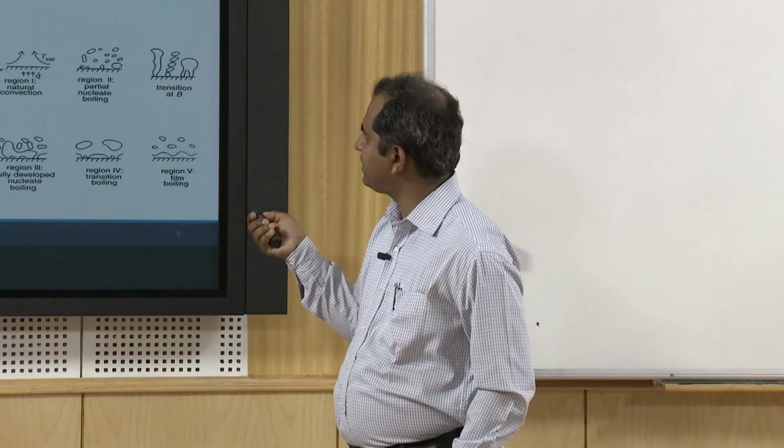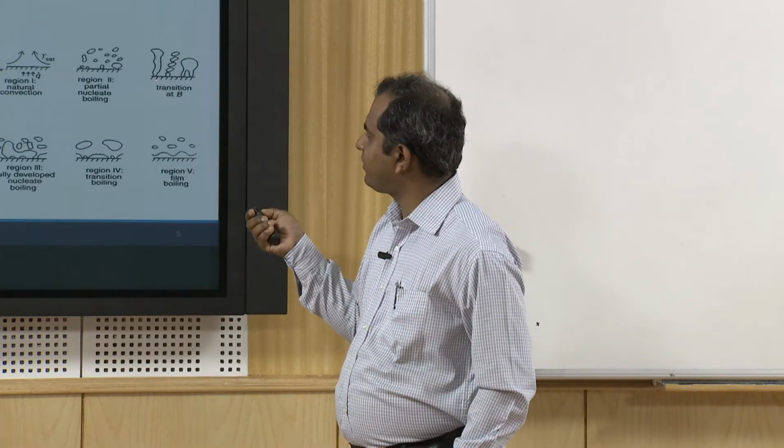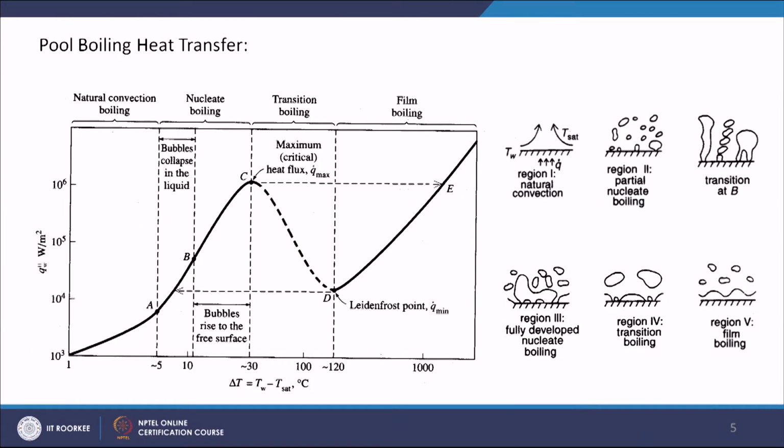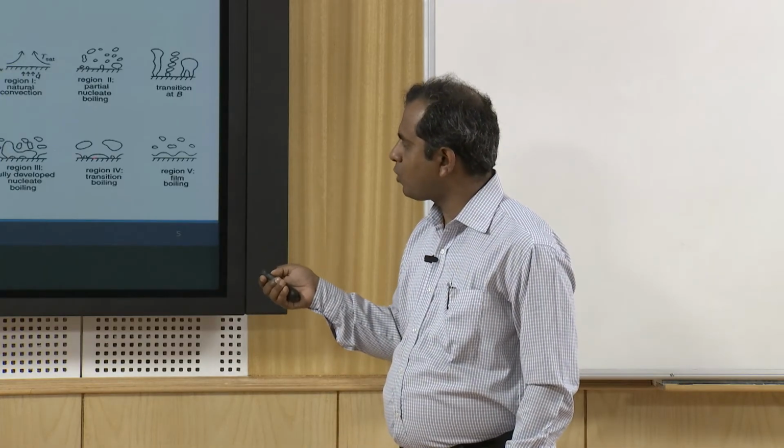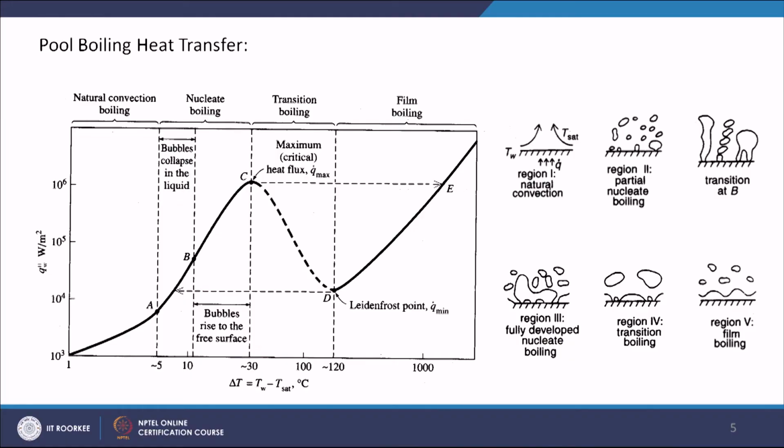So, in this transition B you will find a vertical film, and here you will find a horizontal film. Then at some position there is no more scope for fresh liquid to come in contact with the solid surface, and the surface is mostly occupied by the gaseous phase. This we call transition boiling.